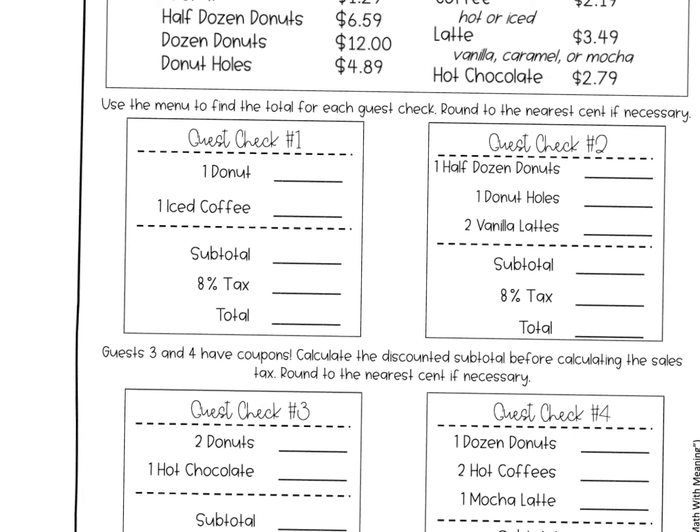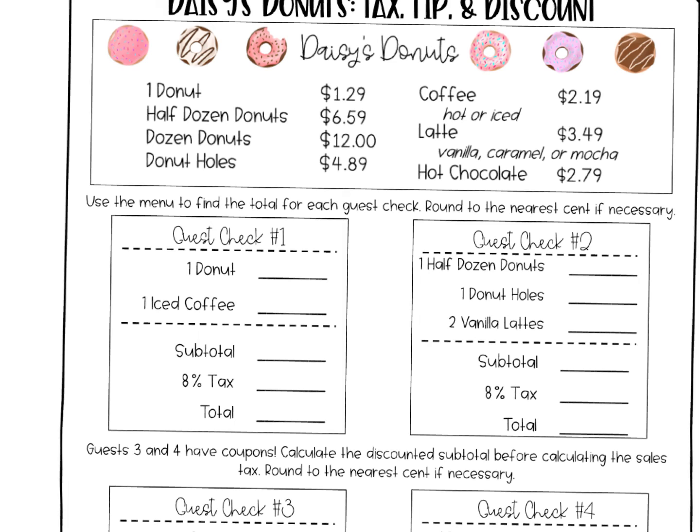Our first check right here, check number 1, there's 1 donut and 1 iced coffee. So I need to go ahead and find the price of a donut. All right, our donut is $1.29, and then the iced coffee is $2.19. So my first step is I'm going to write the two prices down. So I paid $1.29 for the donut, and then $2.19 for the coffee.